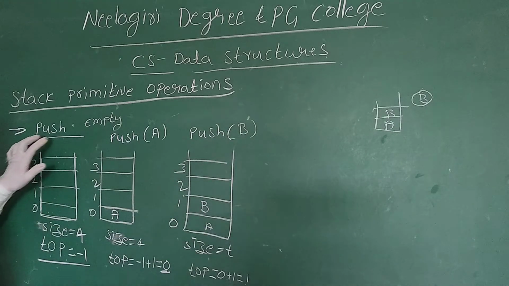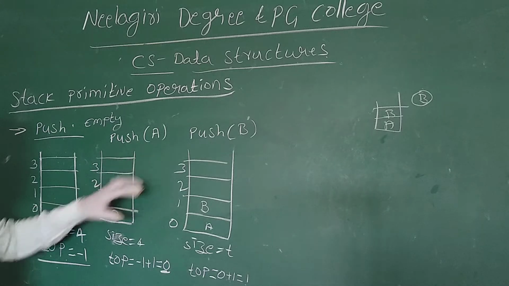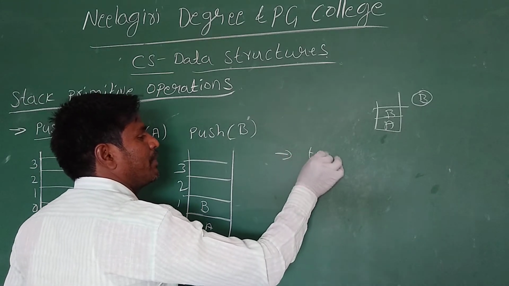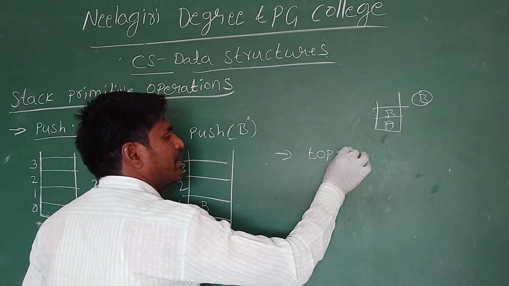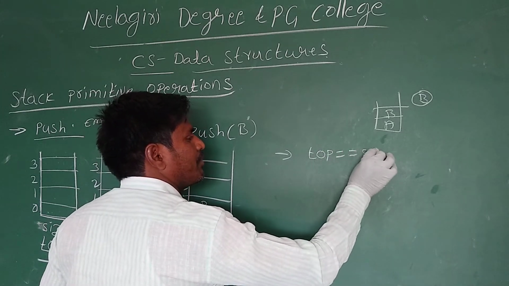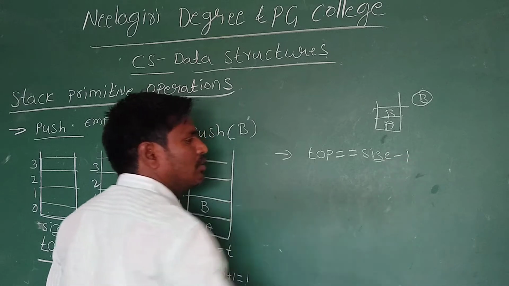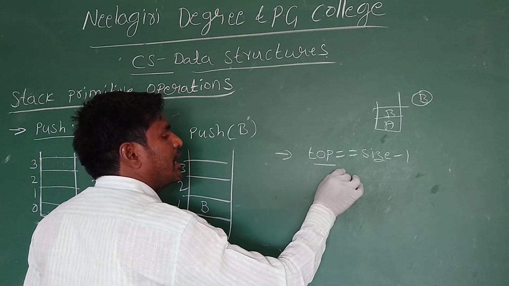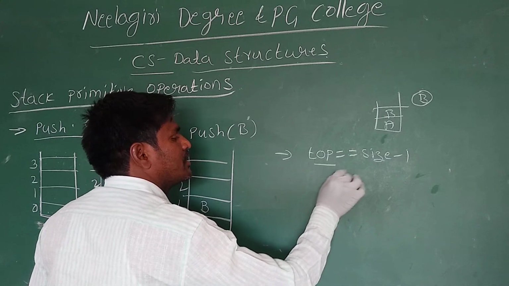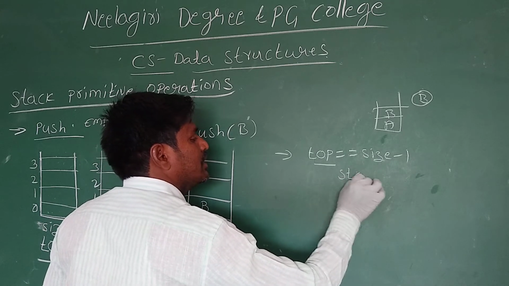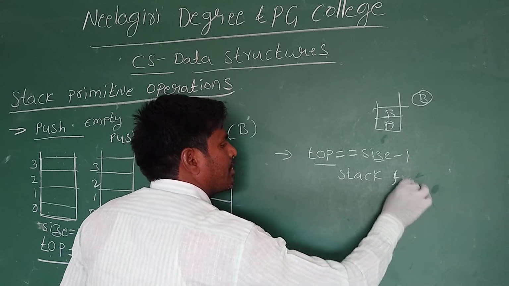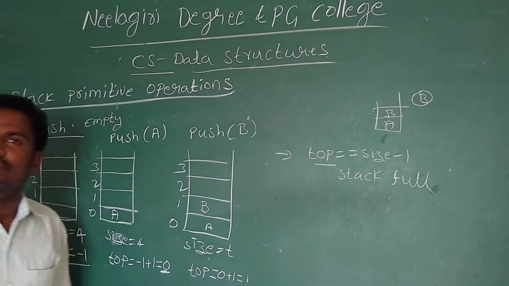That means to perform the push operation, we have to check first one thing, whether top equals size minus 1. If top equals size minus 1 is true, we cannot perform the push operation because stack is already full.